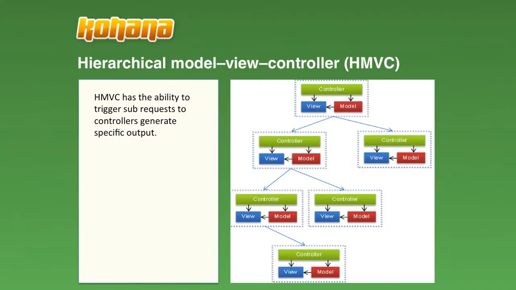All right, so what is HMVC? It's an advanced extension of the MVC framework. In the traditional MVC framework, all you have is controller, model, and view. What HMVC does is that instead of having just controller, model, and view, it can have a hierarchy system. Which means that one controller, as it's running and taking a request, can call a subsequent controller to run to grab whatever is necessary for the output.